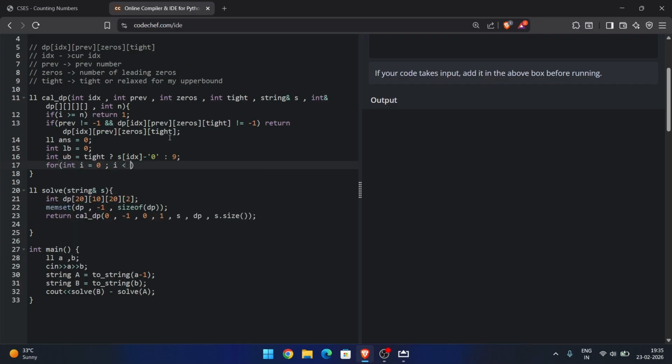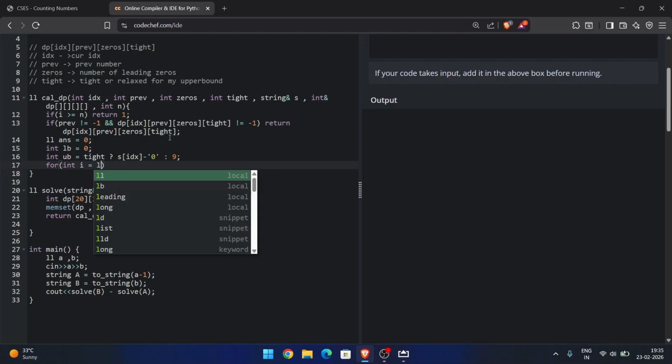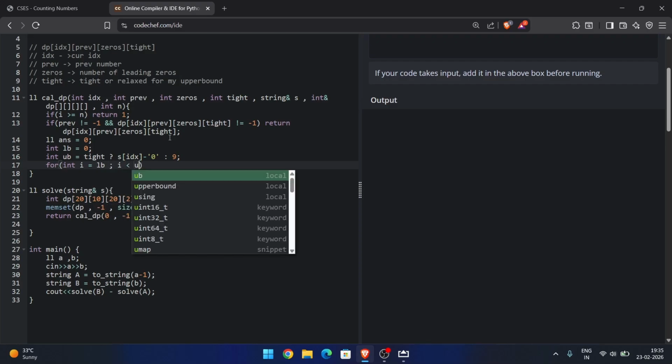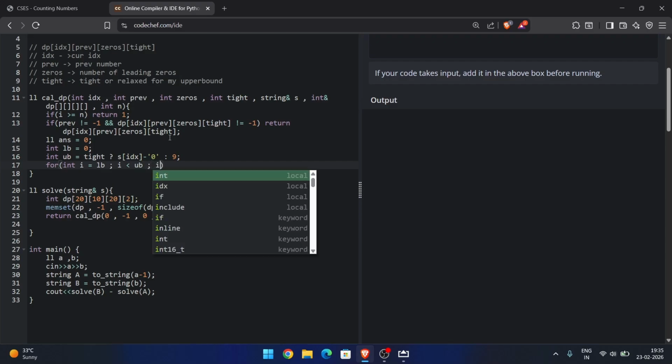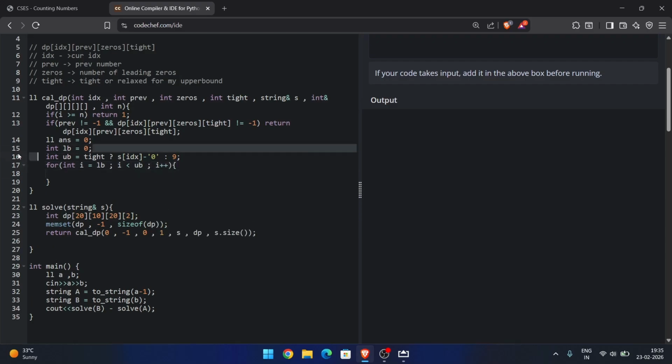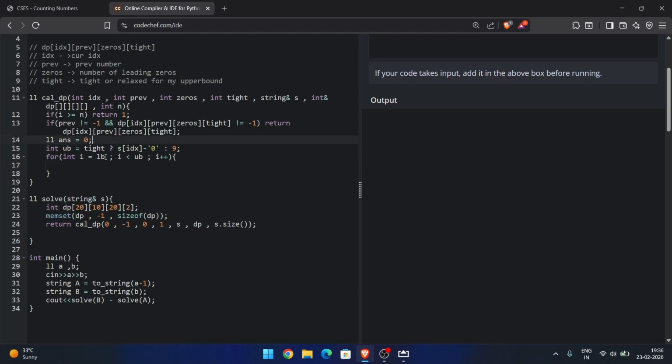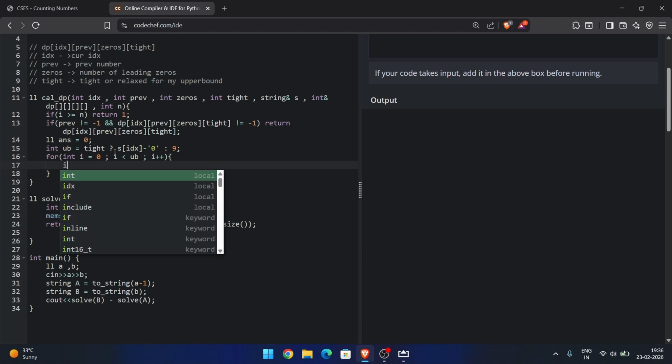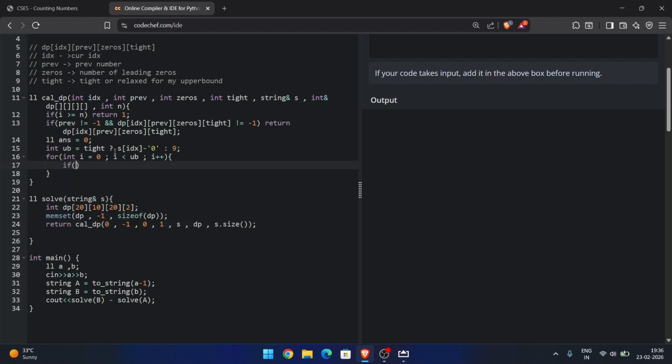I equal to 0, lower bound to upper bound. There is no need for this lower bound. Let's just see. Okay, as I said, if we are zeros, so we can directly add that in a condition.